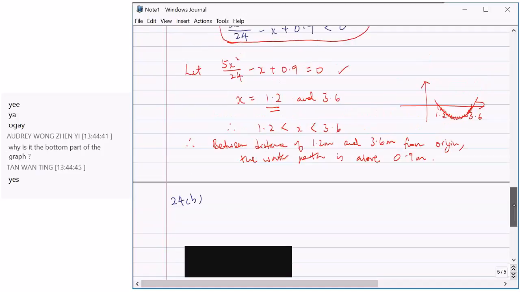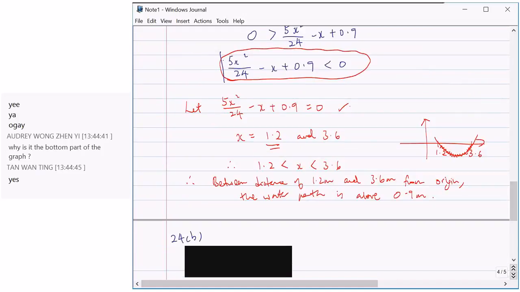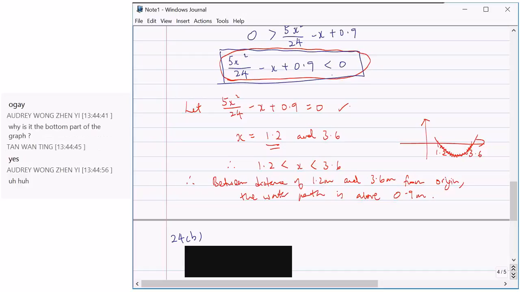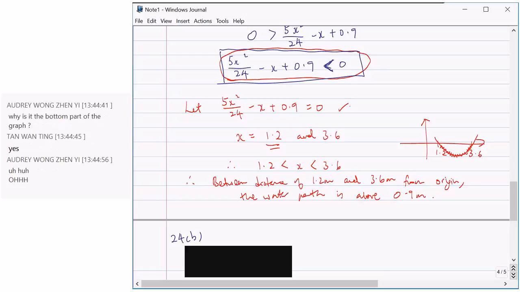Oh, okay. Audrey, always go back to what you're solving. I'm solving this. Look at what I just boxed up. When I'm solving this, I want it to be less than 0, so I'm looking for here. But that's only because I rearranged the terms so that the x squared has a positive coefficient.